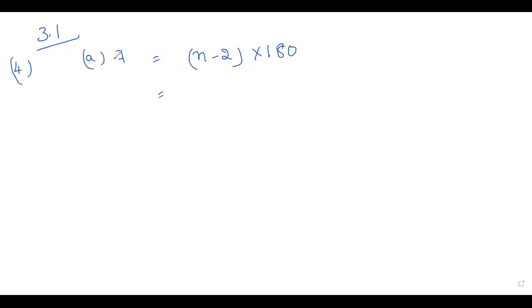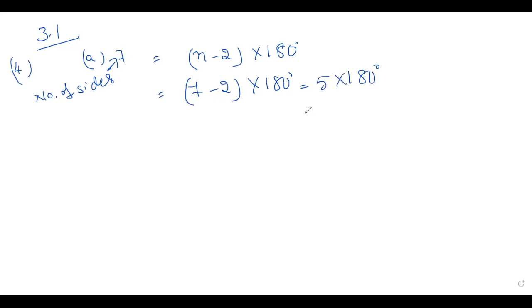So in place of n, we are writing 7. The number of sides is 7. So we write 7 in place of n: 7 minus 2 into 180 degrees. That is equal to 7 minus 2 is 5 into 180 degrees. So 18 into 5 is 90, that is 900. See, if the polygon has 7 sides, what will be the total angle?